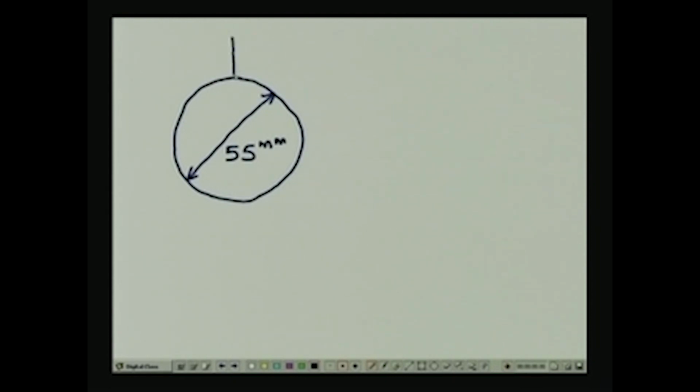We have got a core sample, and that core sample has got a diameter of 55 millimeter, and this core sample was subjected to a point load test, and when P became equal to 17,000 meganewton, this core cracked.